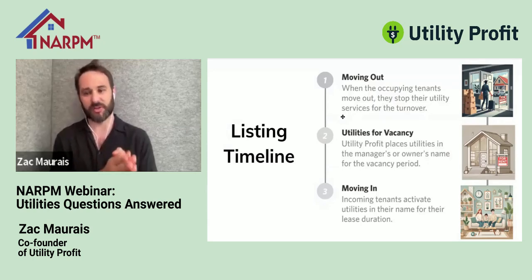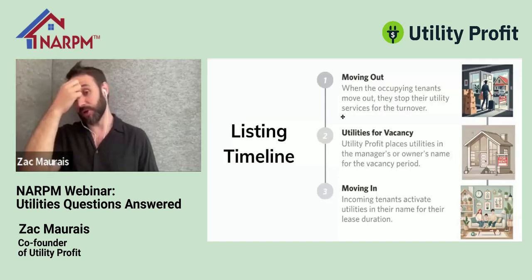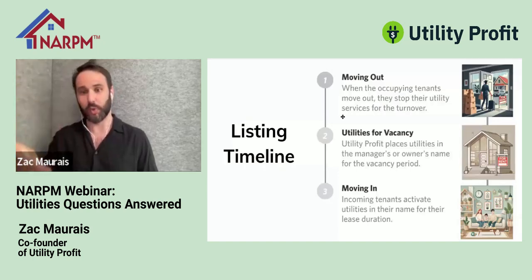Sometimes property managers will actually manage that process themselves, and they'll put it into the owner's name as a courtesy to them, almost like a service that they're offering. And then once the home finds a new tenant, it's pretty important that the short-term utilities that were set up for the vacancy get turned off, and then it gets transferred into the incoming tenant's name.